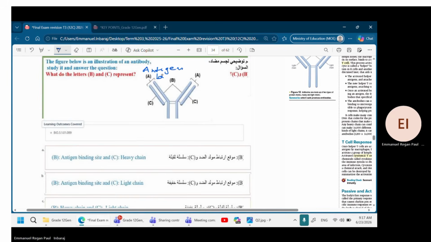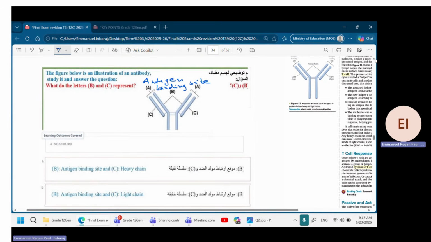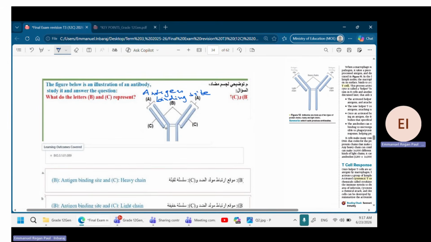So that's A. Here you have the picture. A is the antigen binding site. So what is C? C will be the light chain, outside. And what is B?